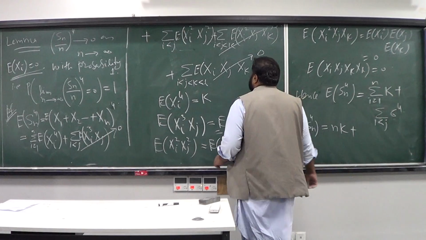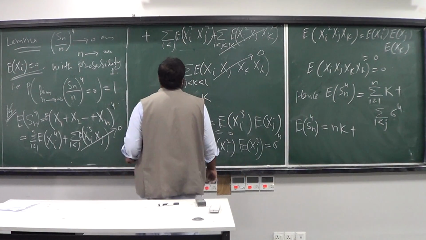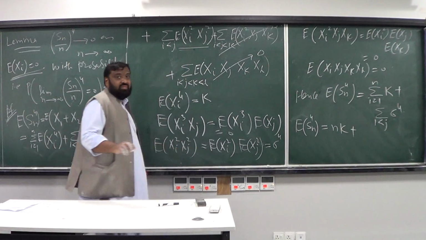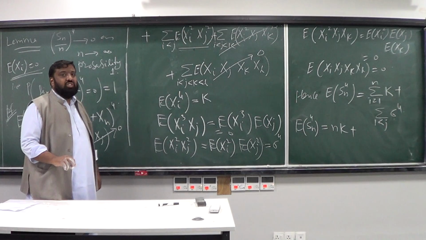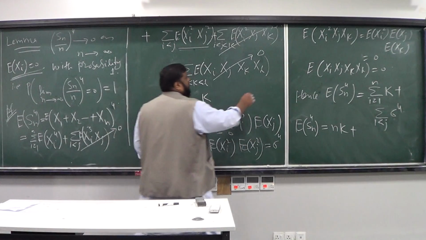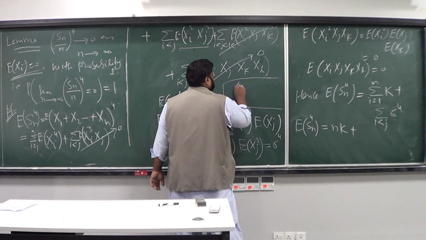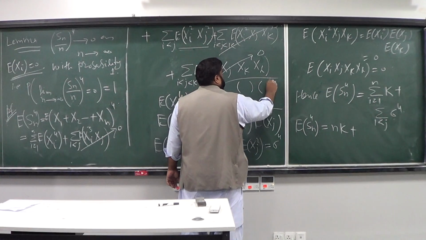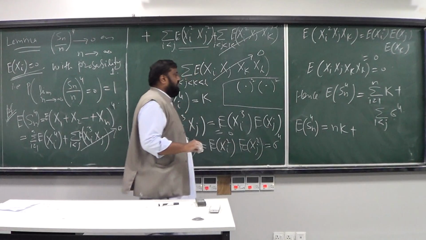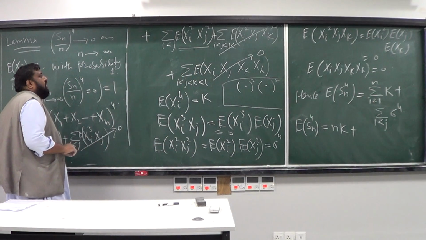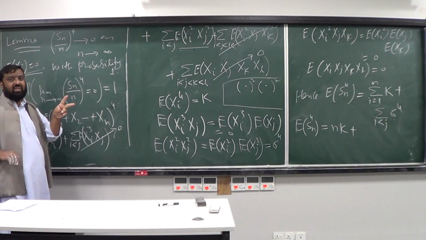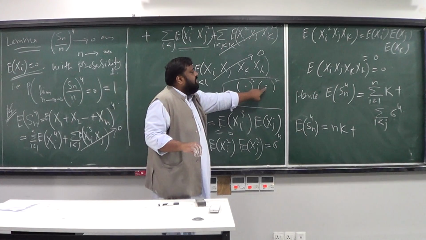I am adding the sigma power 4 as many times as I can have such terms. So this is a term of the type that I just talked about before, when you have a square here and a square here. So first you need to do what? Out of these n random variables, you have to choose two variables to substitute into these places.